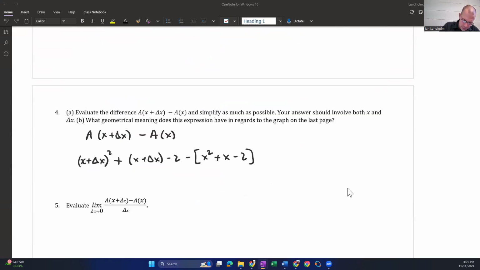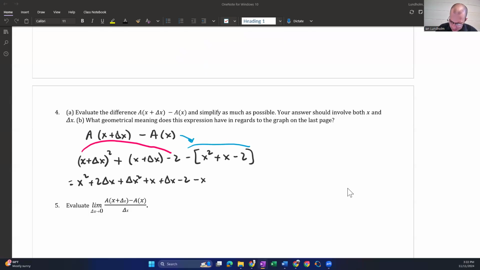So that's this part, and then this is the other part. Okay, cool. Let's simplify this down as much as we can. This becomes x squared plus 2 delta x plus delta x squared plus x plus delta x minus 2 minus x squared, minus x plus 2. And then we're able to cancel a lot of stuff out.